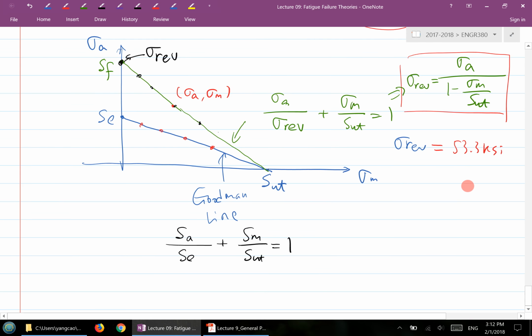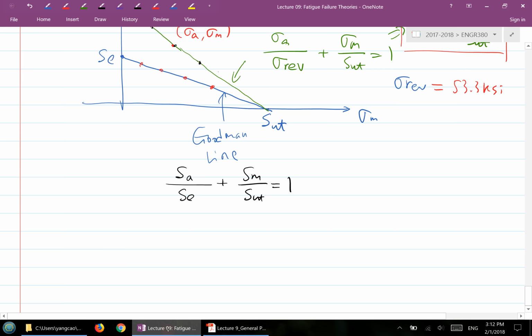Once we get our sigma REV, then we can estimate the number of cycles. First calculate the A value, that's F SUT over SE square here. Plug in the numbers: 129.6.